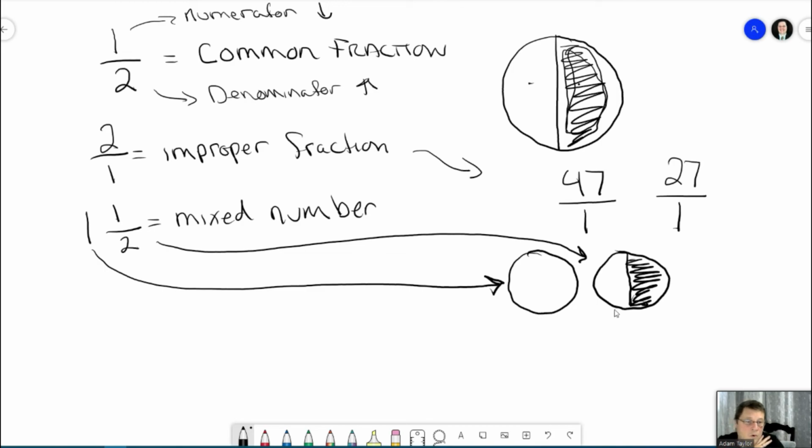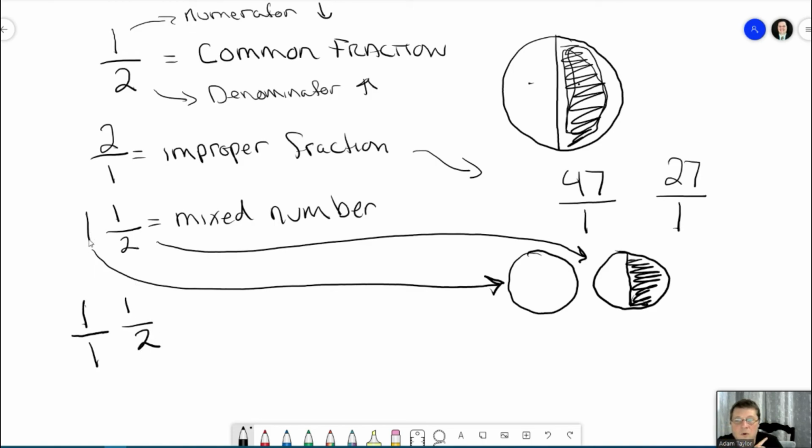So we have two whole units, but in our mixed number, we have one whole unit, and then we have half of the other whole unit. And that's what the mixed number is. So this number, if you want to go back to improper fractions, is actually 1 over 1 and 1/2, right? Just keep it in your mind.